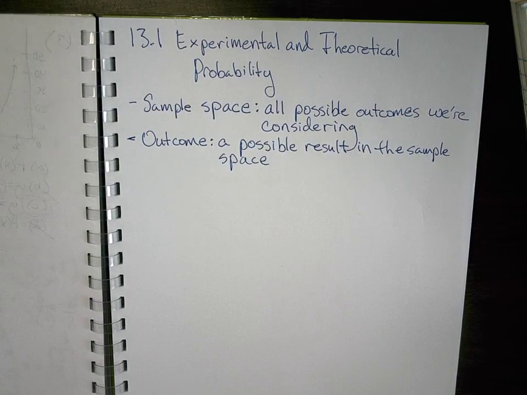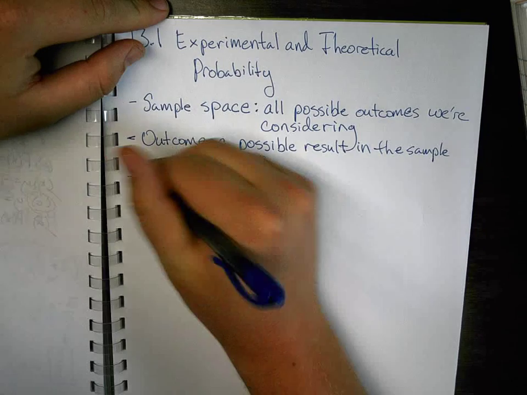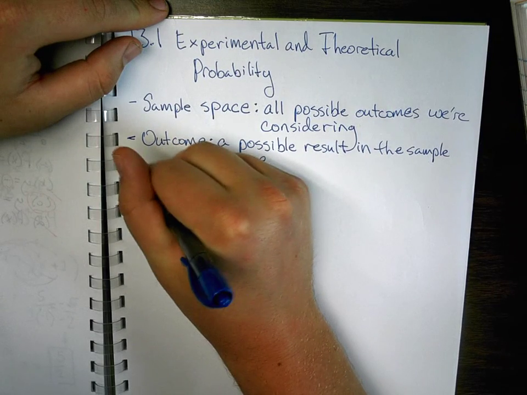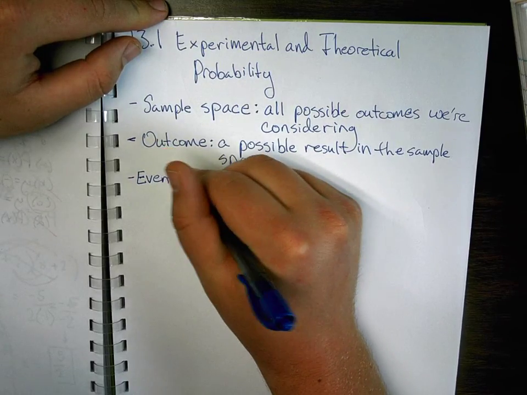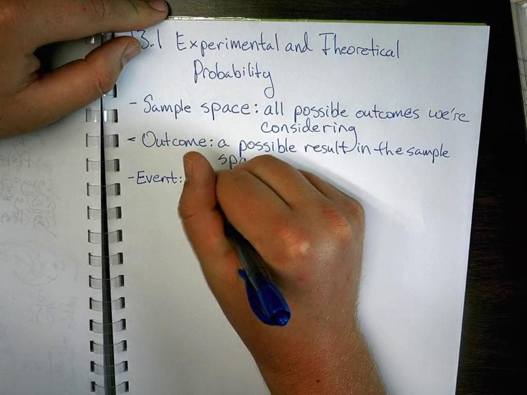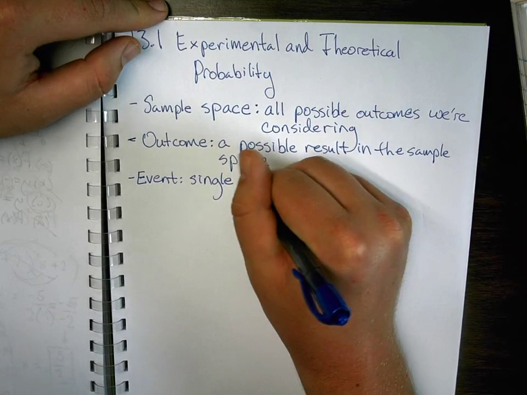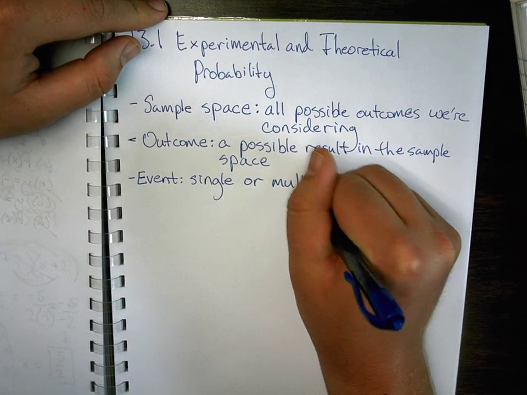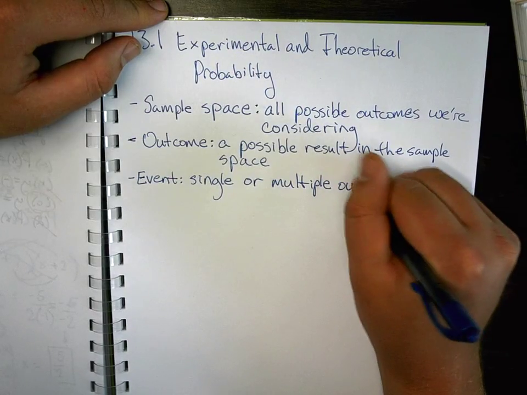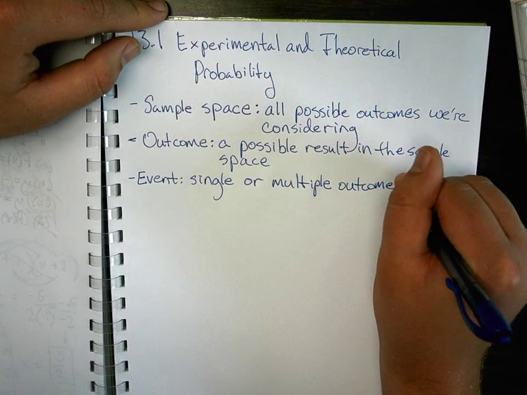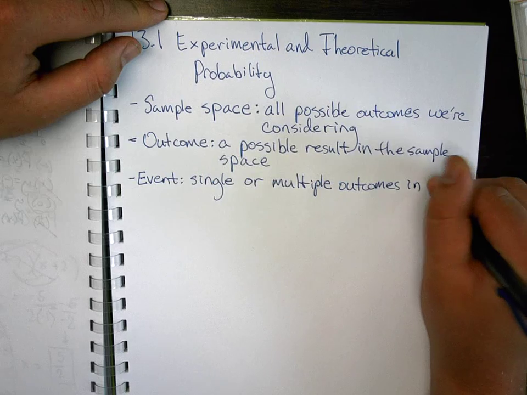And then an outcome is just one of those possible results that's in there. So single out one. And an event is single or multiple outcomes in the sample space.